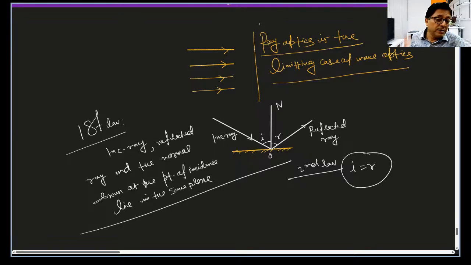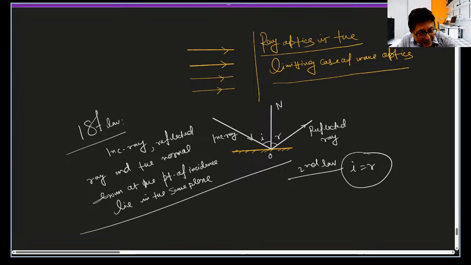These are two laws. Wherever light is incident, I am telling you again, on a curved surface, that is a spherical surface, if light is reflected, light can be reflected or it may be absorbed. We are assuming that light is reflected. A small part is absorbed. Part of it may be refracted also.